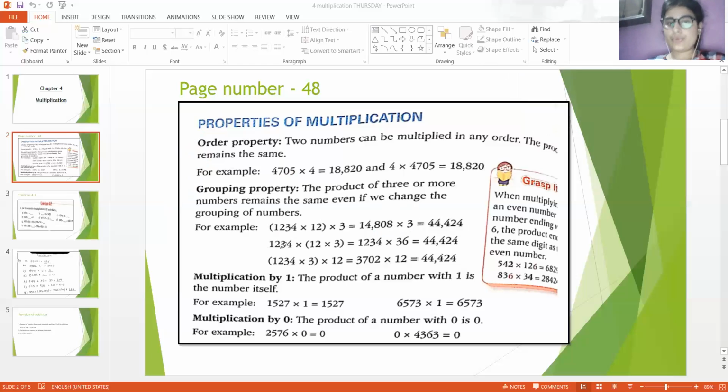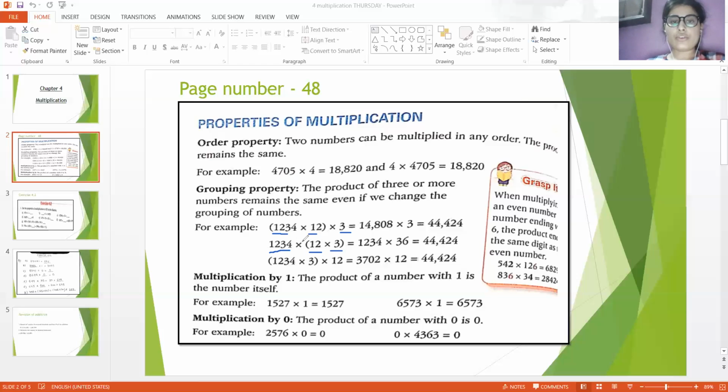In the next step, I am again writing the same numbers: 1234 multiplied by 12 multiplied by 3. You can see the numbers remain the same, 1234 here, 12 here, 3 here, but I am changing the grouping.